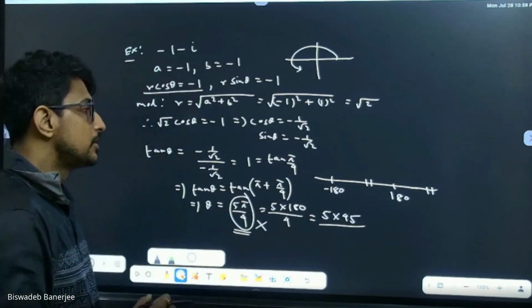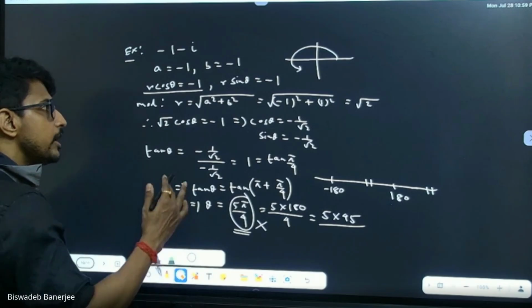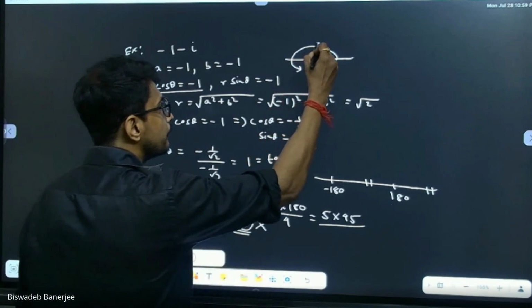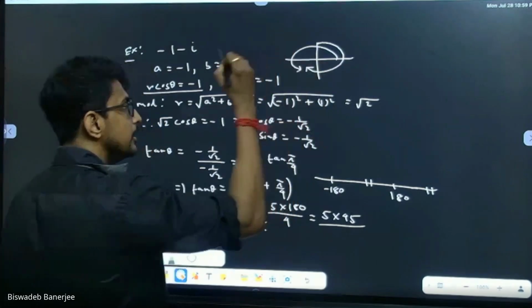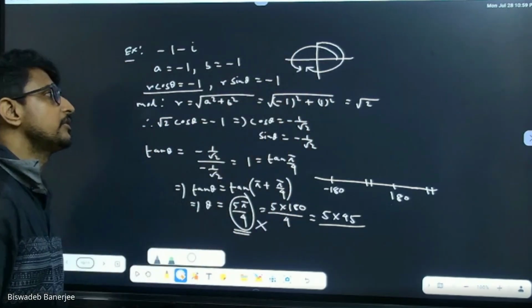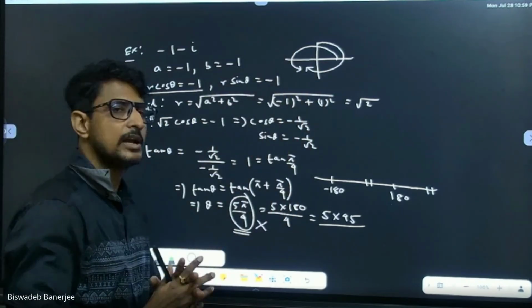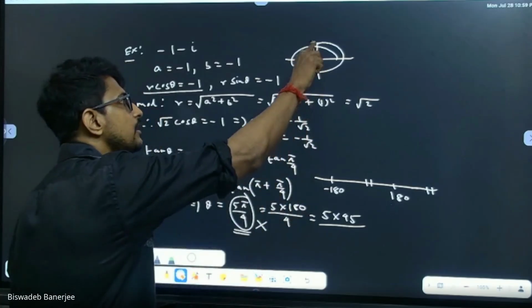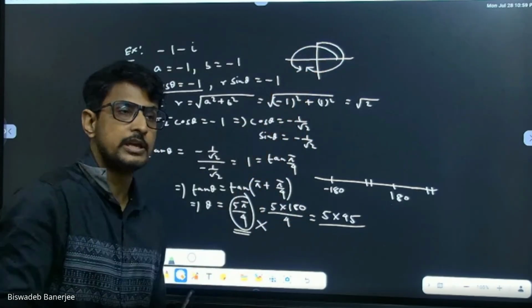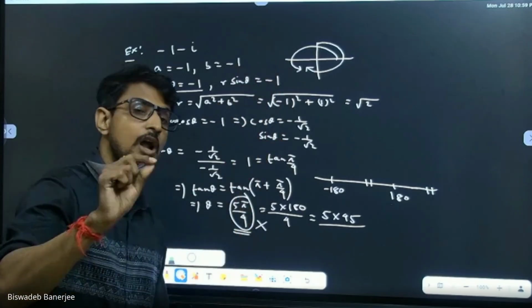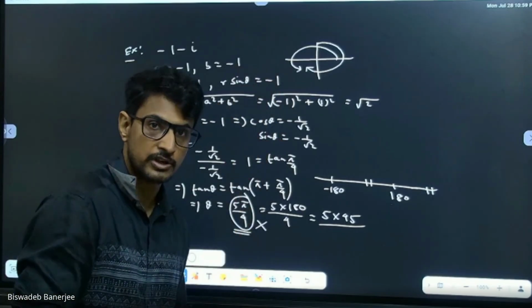The thing that we can do is move in the clockwise direction, coming to the third quadrant, because the third quadrant is my ultimate destination.